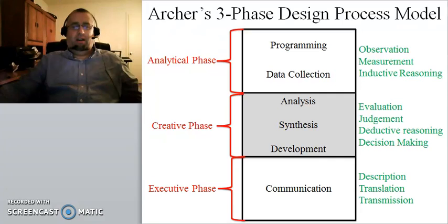So what you're doing here is creating a means of communicating how to fabricate this object, this artifact that you've designed to solve the design problem, for the person ultimately who is going to be fabricating or manufacturing it. So this model is slightly more complex than Jones's model, but again, it is still one of the simpler models that describes how the design process works.